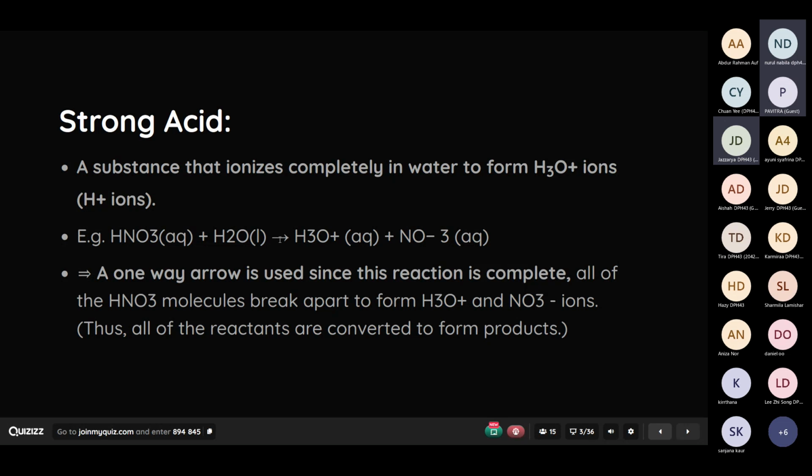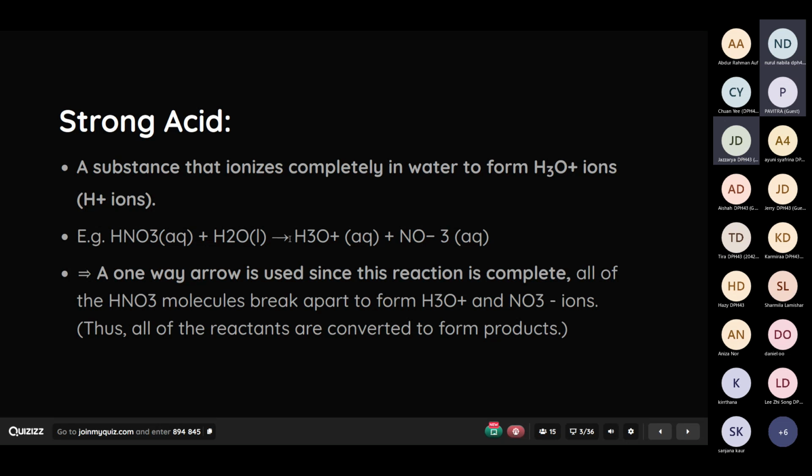So dalam tindak balas kimia, persamaan kimia ni, bila dia cakap tentang a one-way arrow ni, it means a one-way arrow. So you have to understand here, a chemical reaction can go both ways sometimes.